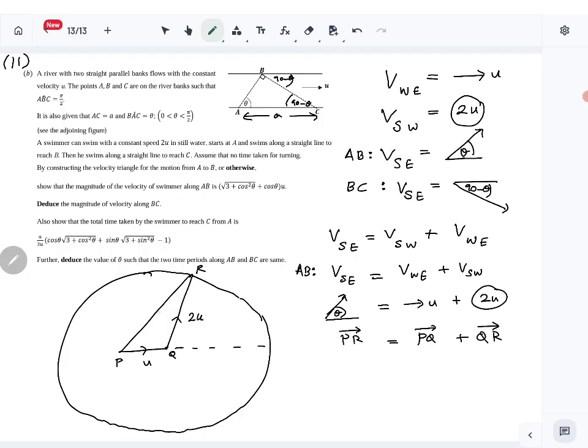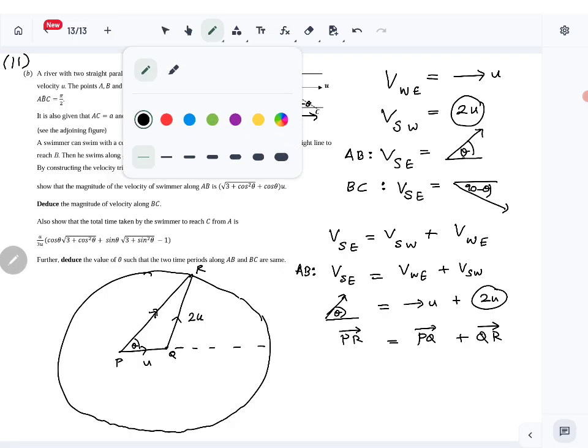This is 2u, and PR is the length we need to find. This angle is theta. We need the magnitude of the velocity of the swimmer along AB, so we need to find the PR length.